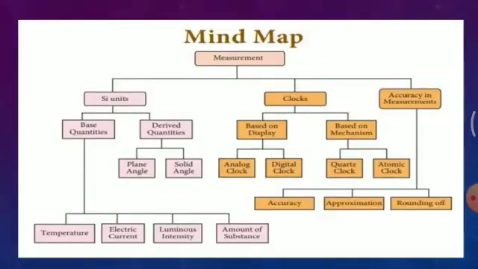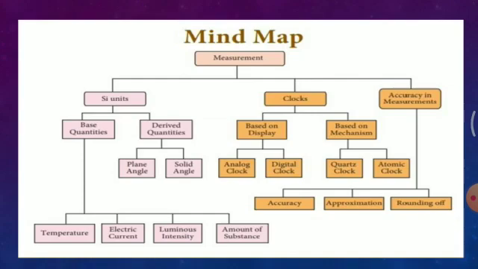Now we are going to discuss the mind map of the measurement lesson. In this lesson, we discussed SI units of base quantities: temperature, electric current, luminous intensity, amount of substance. And derived quantities: plane angle and solid angle.